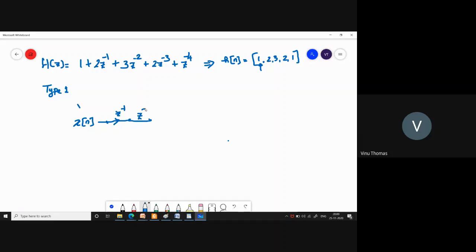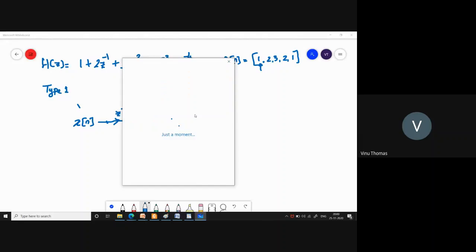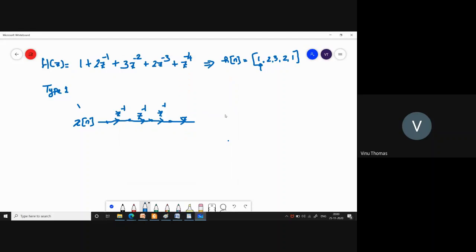We'll do it in the direct form 1 structure that you are already familiar with. So here this is x of n, this is x of n minus 1, x of n minus 2, x of n minus 3, and finally x of n minus 4.